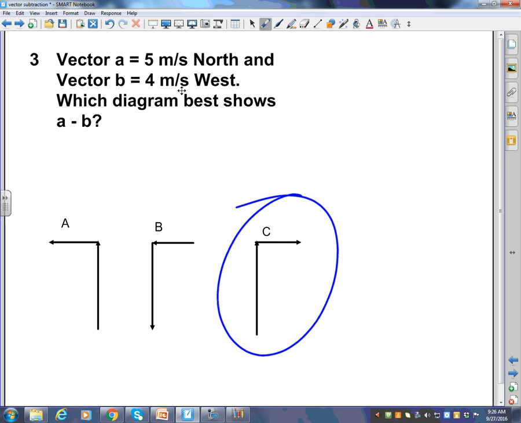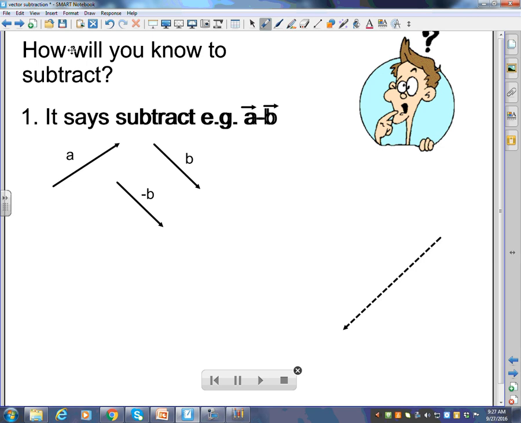B. B is 4 meters per second west, so that means that minus B is going to be 4 meters per second east.